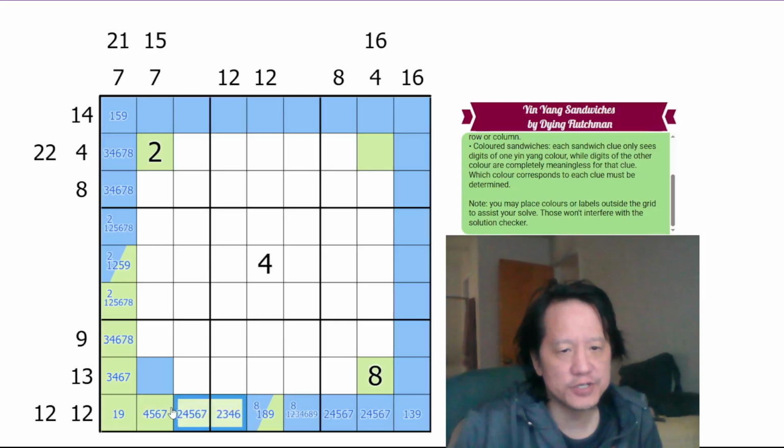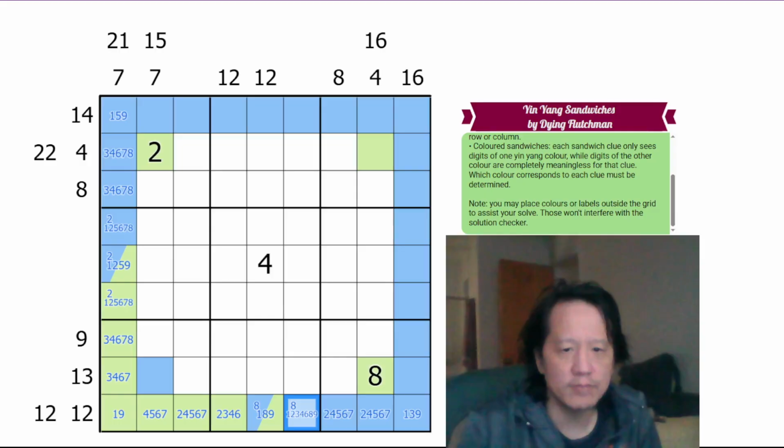So 2, 4, 6 is between 1 and another digit. So this can never be 1. If this were 1, the problem with that is that would guarantee 5 sevens here, and this would have to be 2, 4, 6, but obviously 2, 4, 6 doesn't work that way.